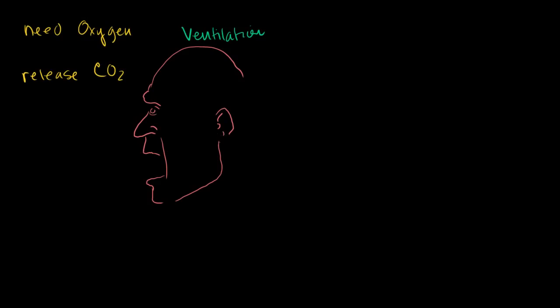That's his ear. Maybe let's give him some hair, some sideburn, a mustache. All of that is irrelevant. But this is our guy. This is the guy that's going to show us how we take air in and how we take air out of the body. So let's go inside of this guy.